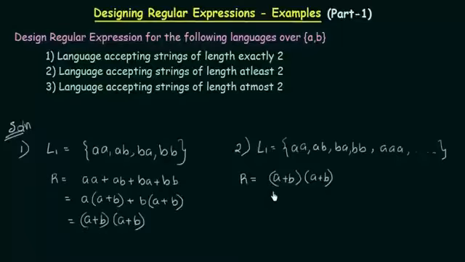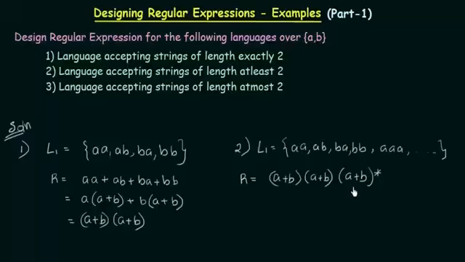So this is for exactly 2, and then I will write (a plus b) star. Now what does this mean? This means 2 or more than 2. And why is that? Here we are making sure that strings of length 2 will be there for sure.